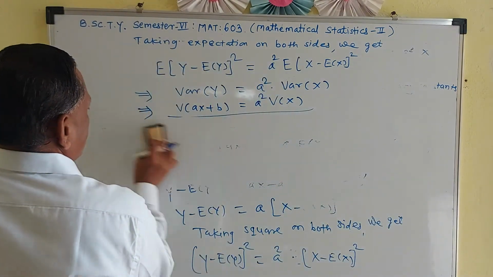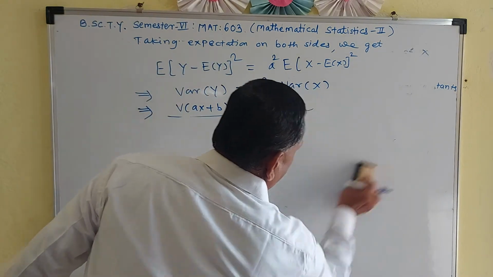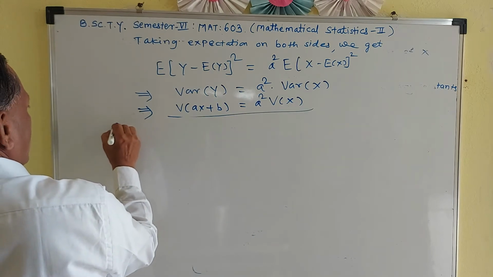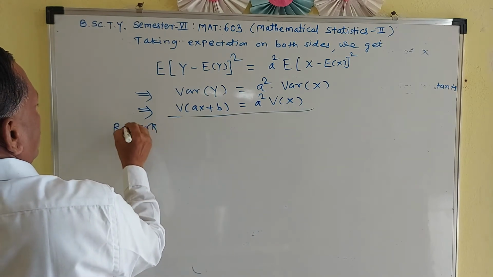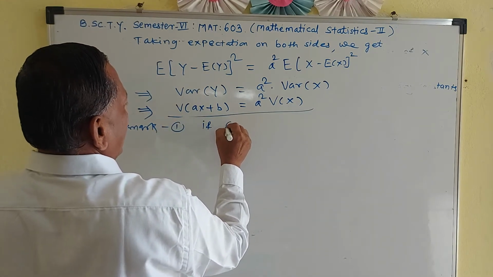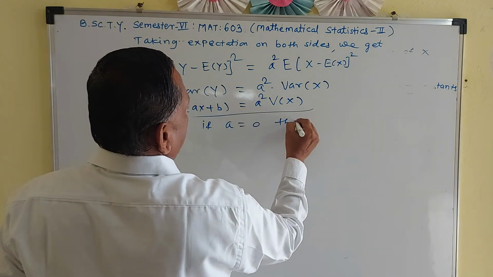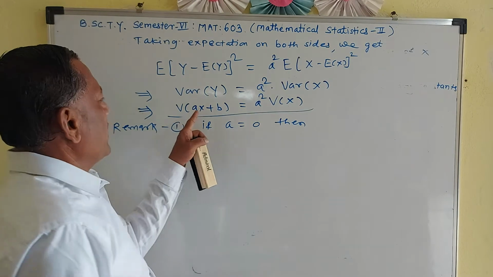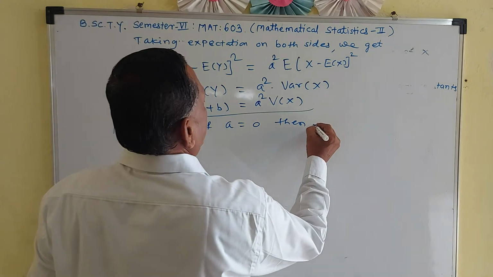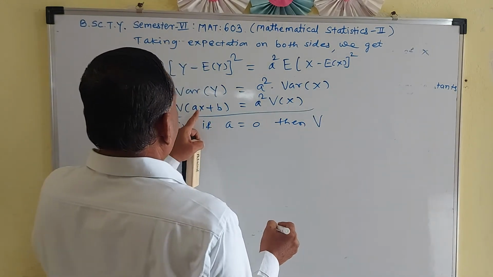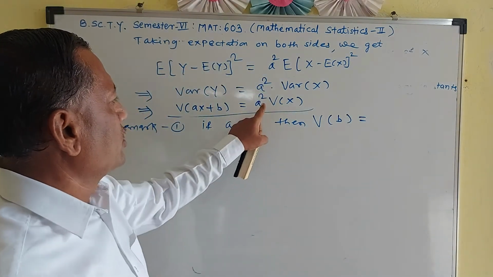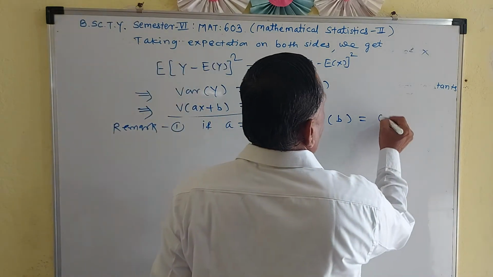Now remark, we see some results from this. Corollary or remark number 1. If a is equal to 0, then from this result, variance of ax plus b is equal to a square into variance of x, a is equal to 0 means variance of b is equal to 0 into V of x is equal to 0.